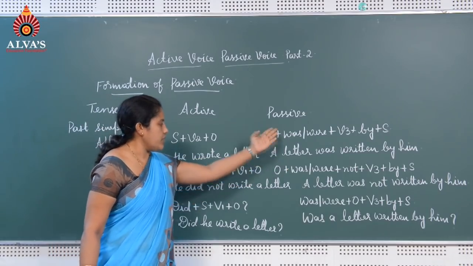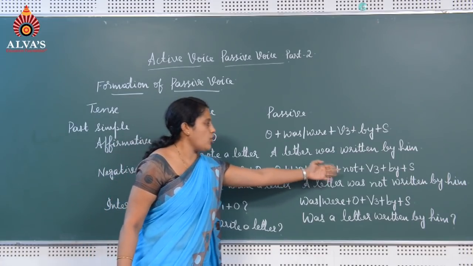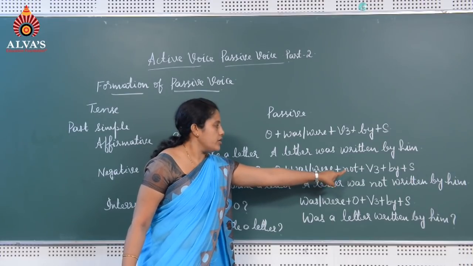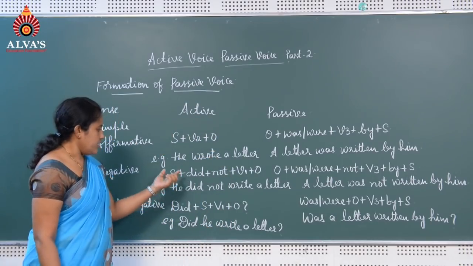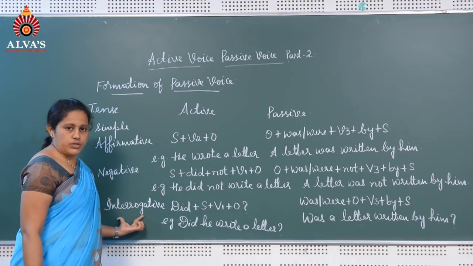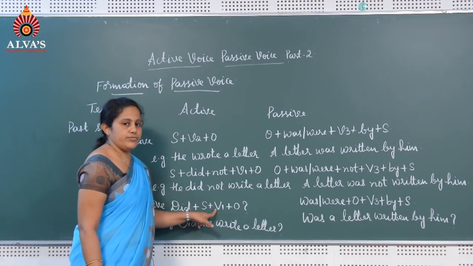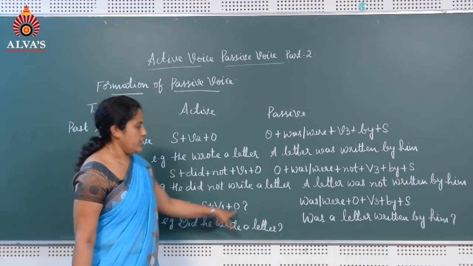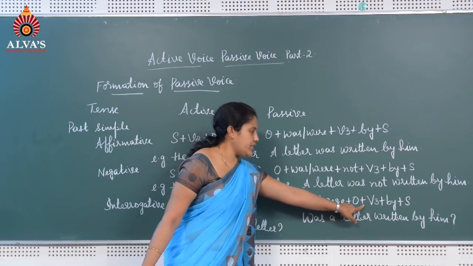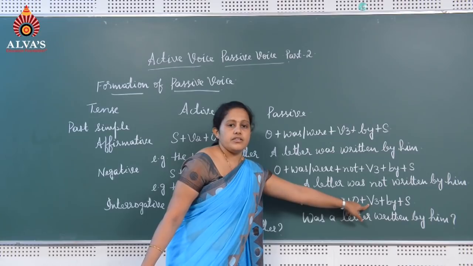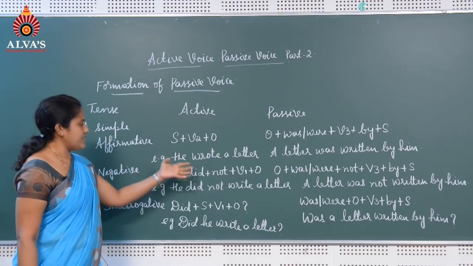In passive voice, object plus was or were plus not plus V3 form of the verb, that is third form of the verb, plus by plus subject. For the interrogative sentence, it becomes did plus subject plus first form of the verb plus object. Here, was, were plus object plus V3 form of the verb plus by plus subject. So, these are the examples.